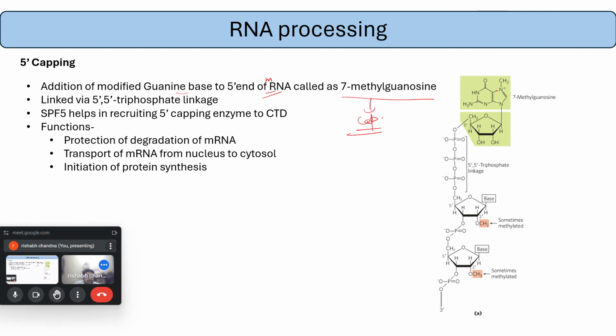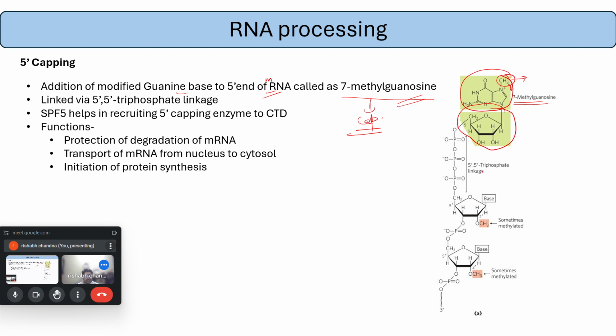This is the guanine residue, and here is a methyl group at the seventh position of the guanine, hence 7-methyl guanosine. This is linked to a ribose sugar. This is the cap that has been added to the 5 prime end of the RNA.